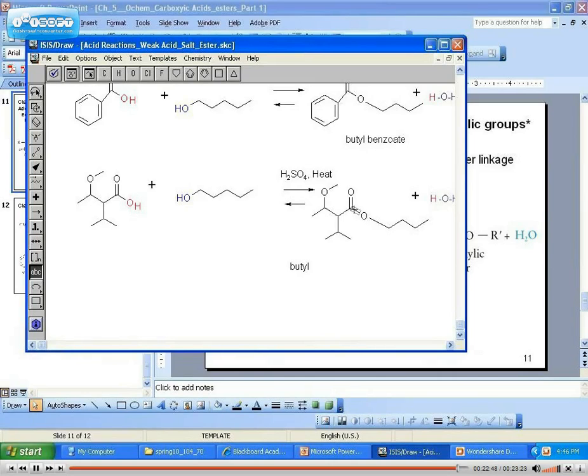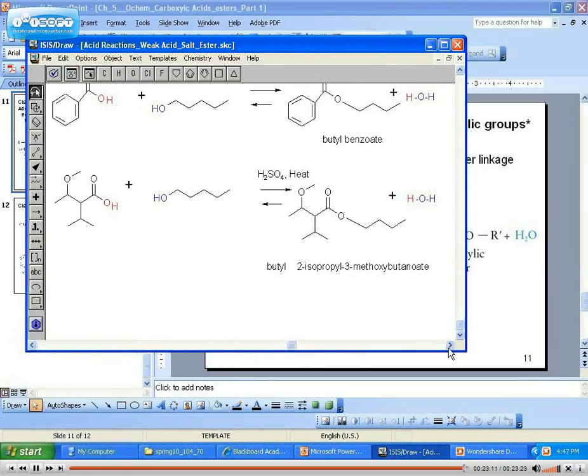On carbon 2 there's going to be an iso, so 2-isopropyl, 3-methoxy, and then butanoate. So this concludes this portion for the Chapter 5 Part 1 reactions.